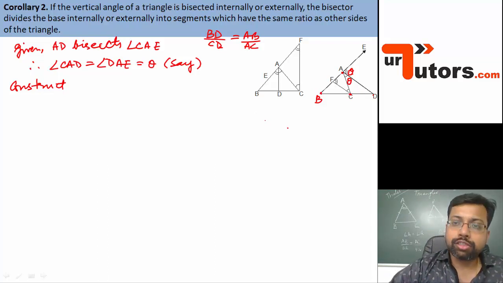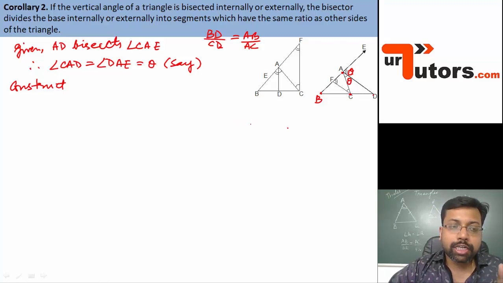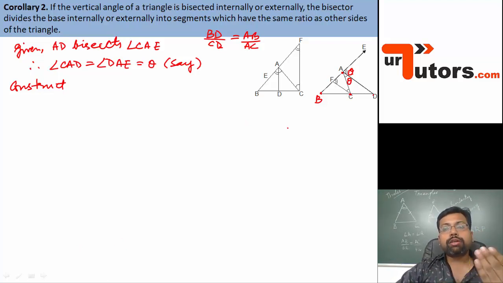It's called external division in this case because the external angle is bisected. So if you have studied coordinate geometry, the point D divides the side BC, although it is lying external to it, divides it. We say that it divides the line BC externally in the ratio BD is to CD. So this is what we have to prove.